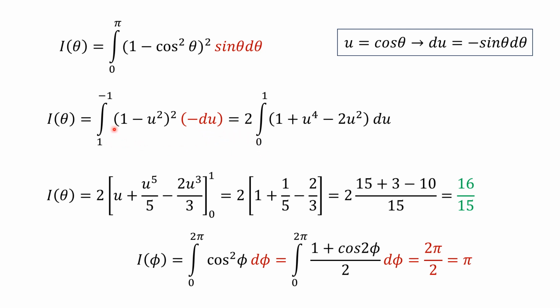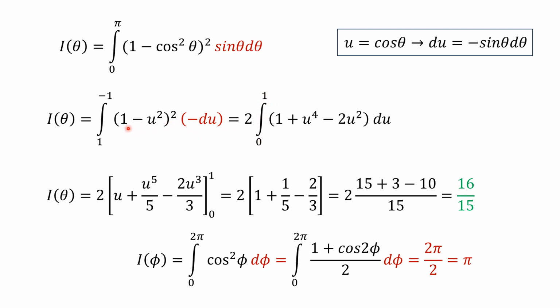This is symmetrical, so I can take minus 1 to 1. So then this minus will go away because I am changing the limit. And due to the symmetrical property, I can take this as 2 times the integral between 0 to 1.